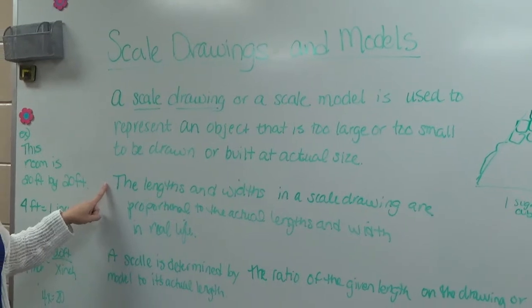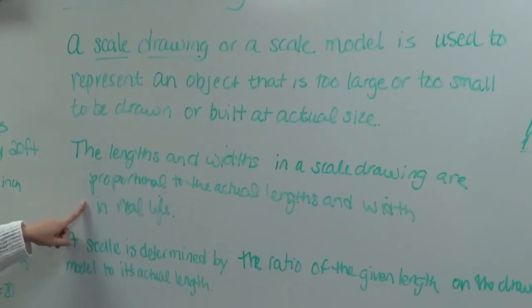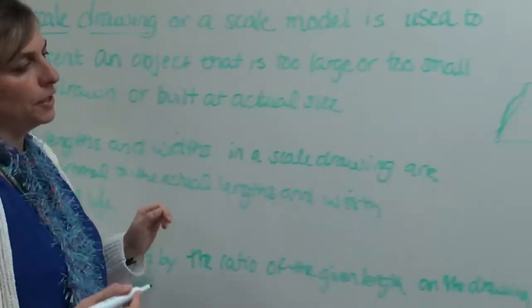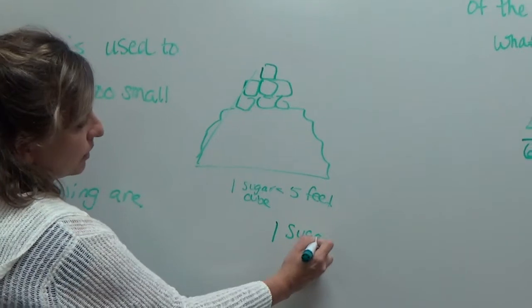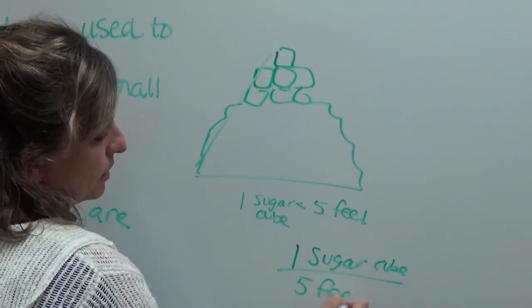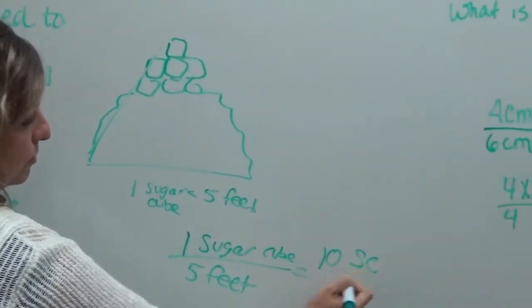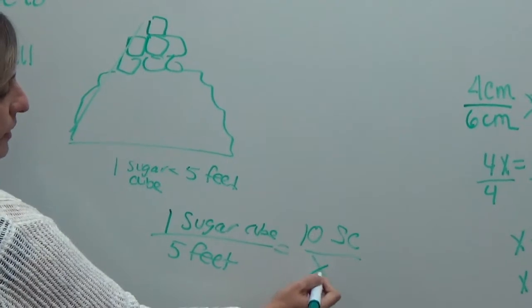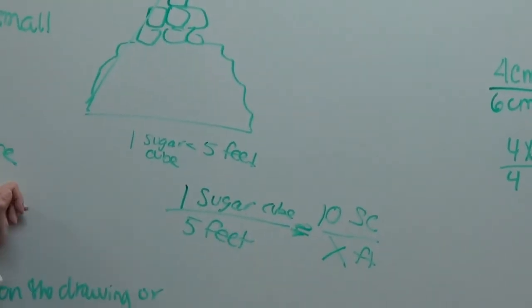So write this down. The lengths and widths in a scale drawing are proportional to the actual lengths and widths in real life. Let's say for every 1 sugar cube is 5 feet. Let's say I wanted to know how much 10 sugar cubes are. I'm just going to write sugar cube, SC, and I want to know how many feet that is, X feet. So you set up a proportion. What do we know when we set up a proportion?